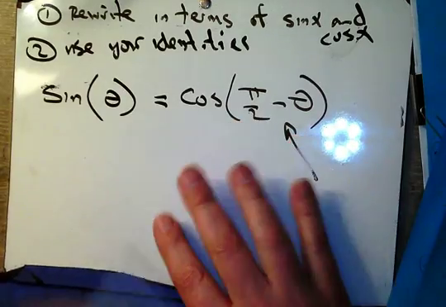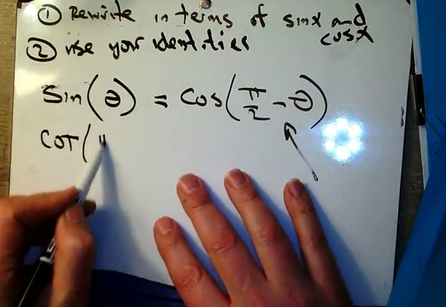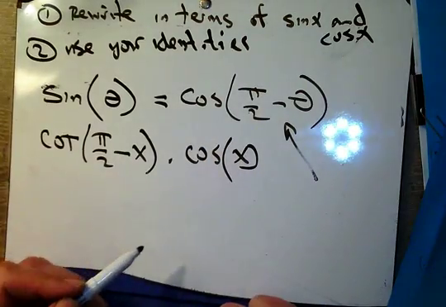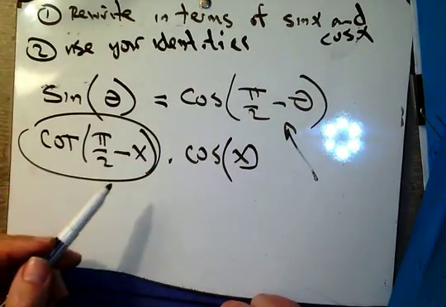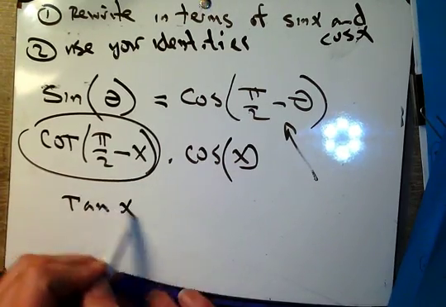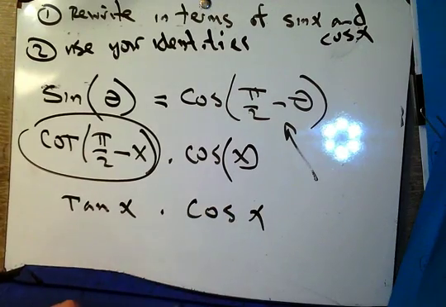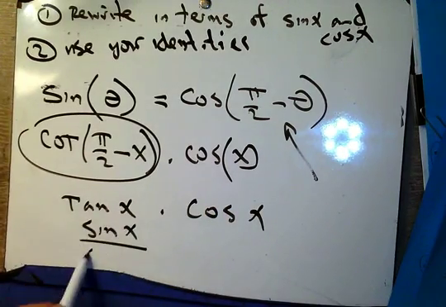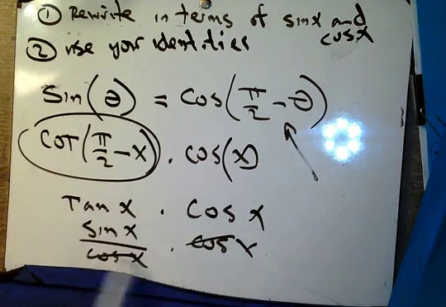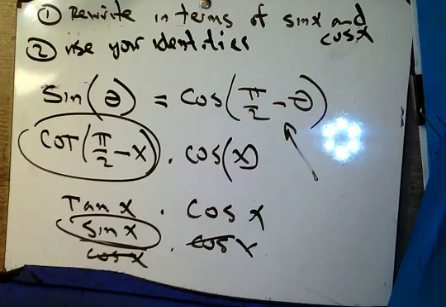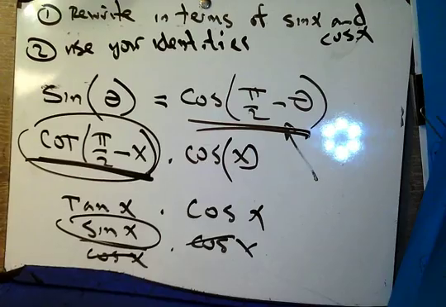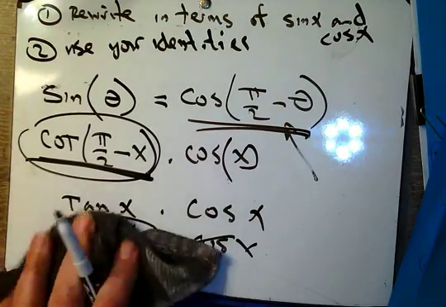But sometimes these show up like cotangent of pi over 2 minus x times cosine x. Well, that's a co-function identity. So look at my identities list and say, oh, well, that's the same as tangent times cosine. And tangent, well, I could call that sine over cosine. And those will cancel, and I'm left with sine. I'm going to minimize the amount that you're going to have to interact with co-function identities.